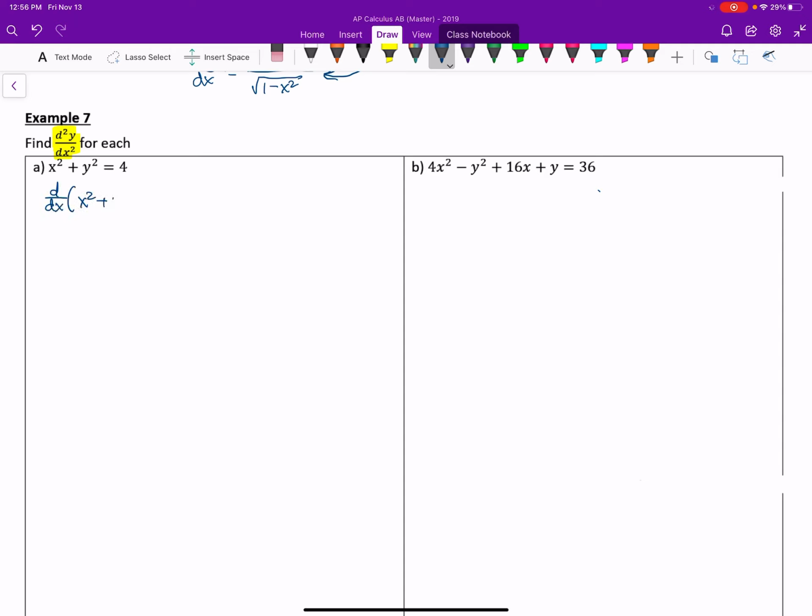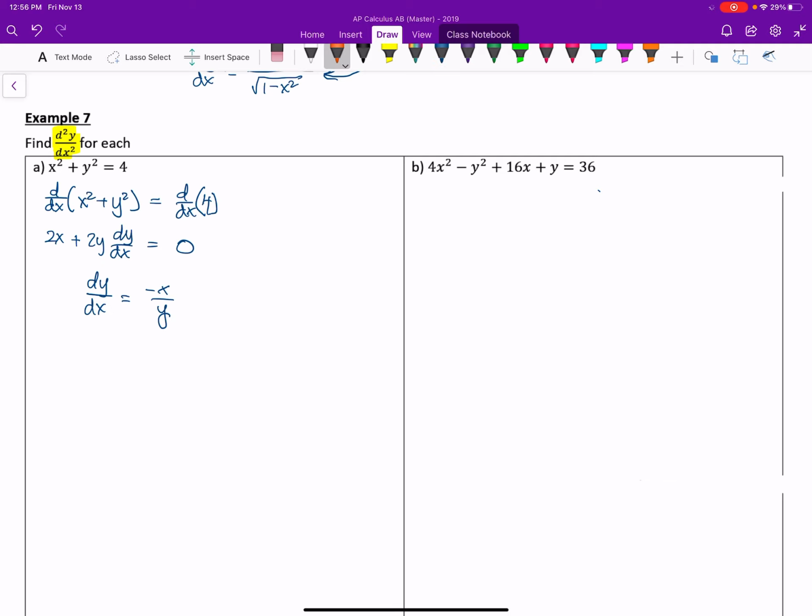Take the derivative with respect to x on both sides. We get 2x plus 2y dy dx is equal to a constant. So first job, find dy dx. dy dx in this case ends up being negative x over y.